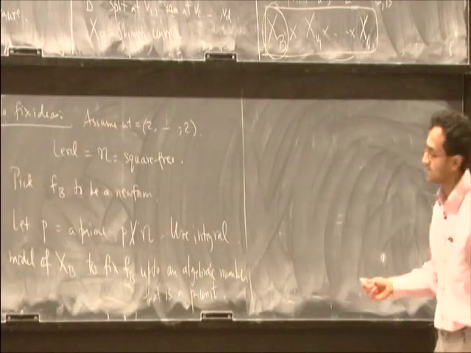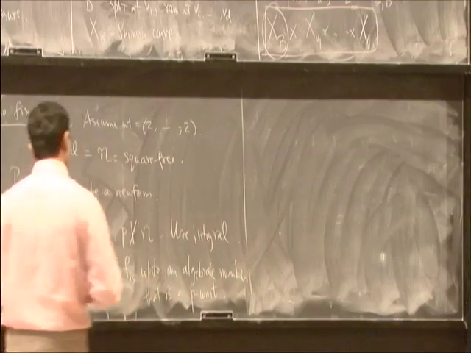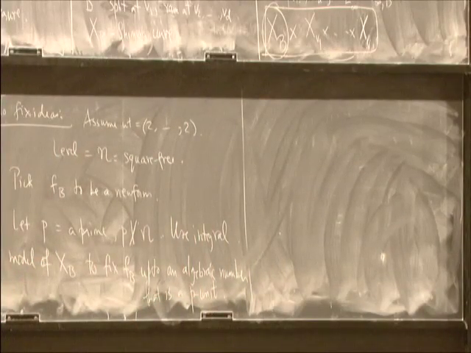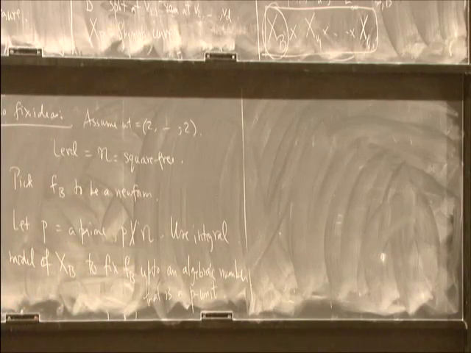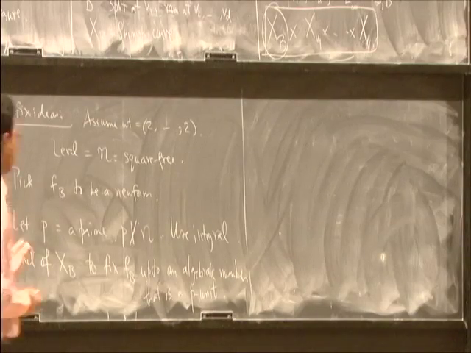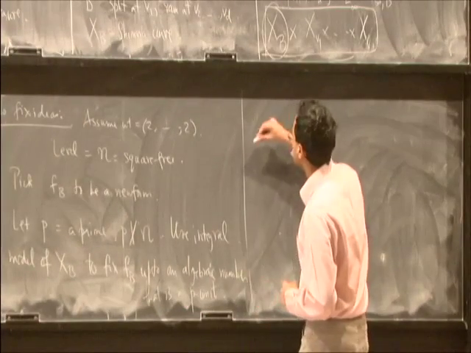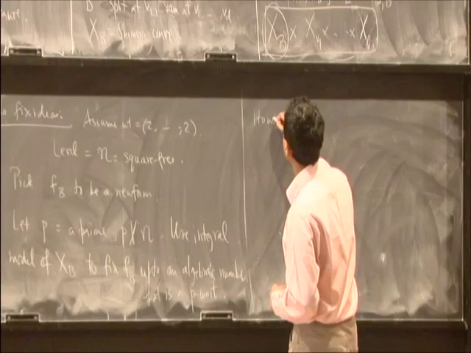You can be more precise. You can work over specific number fields if you want, but then I have to talk about the reflex field and so on, which I don't want to get into. But the point is, you have an integral model, and at least if you work outside of the bad primes, you can certainly fix this up to an algebraic number that is a p-unit. And so now you can really ask this question: how are all of these related?